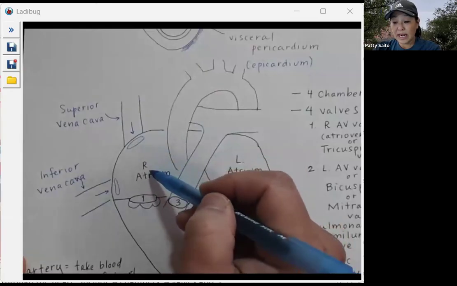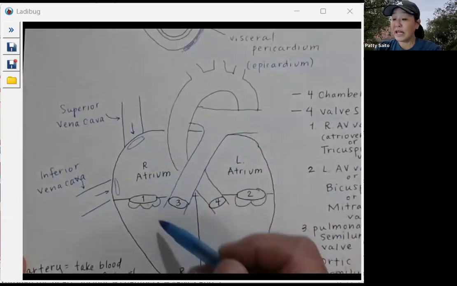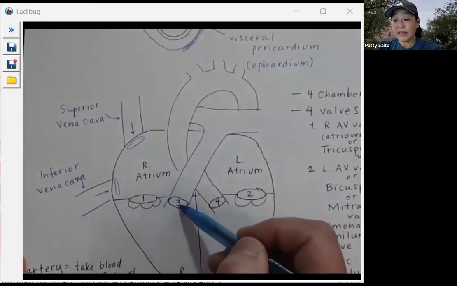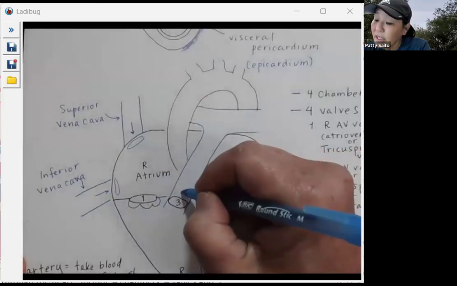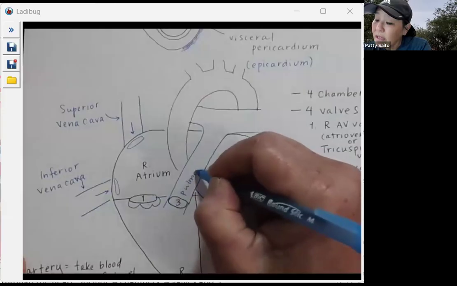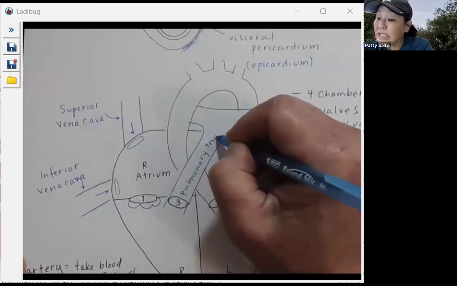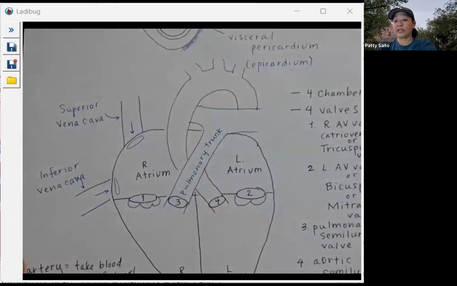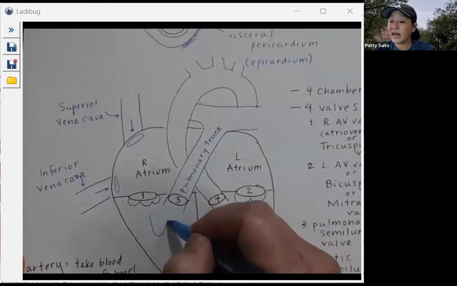Blood flows into the right atrium through the tricuspid valve into the right ventricle, out the pulmonary semilunar valve into this vessel. This is called the pulmonary trunk. Now, is it a vein or an artery? It's low in oxygen, but where is blood flowing?